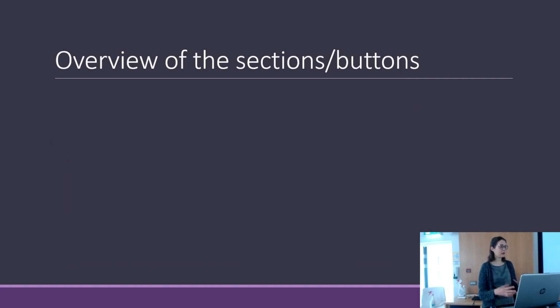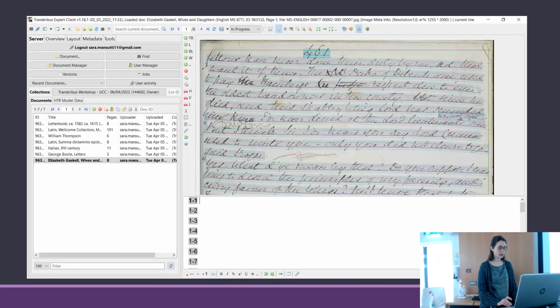Now I will give you an overview of the different sections and buttons that we can see in the Expert Client version. This is a normal page, the normal view in Transkribus. There are different sections.